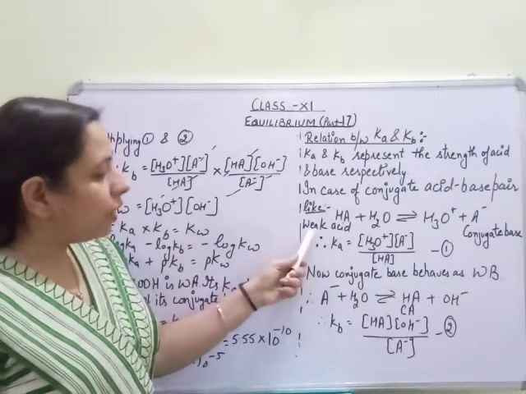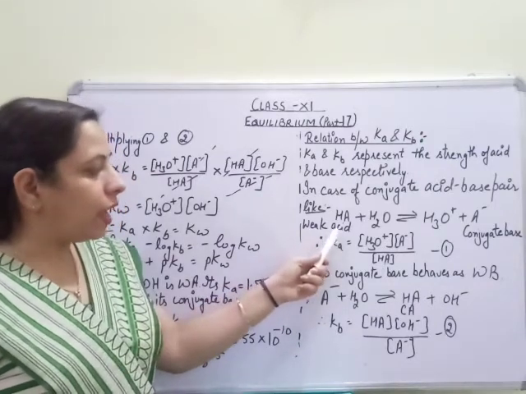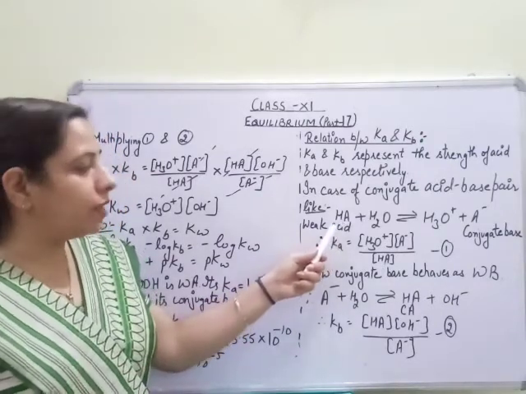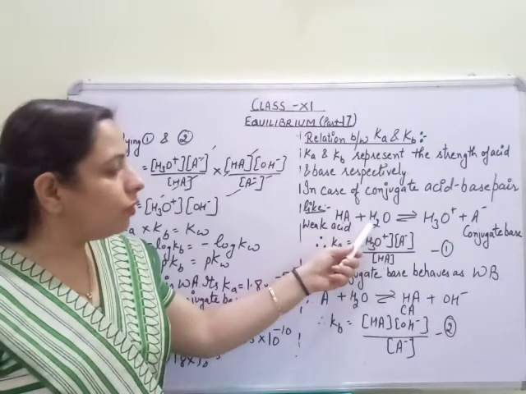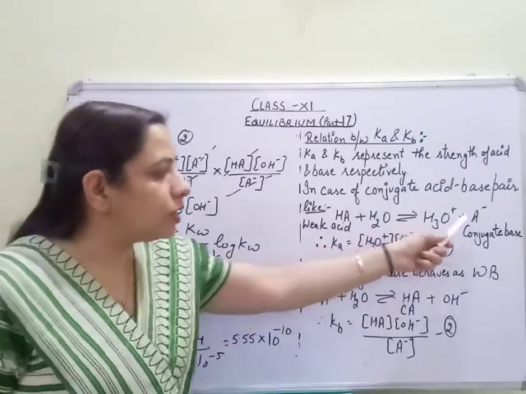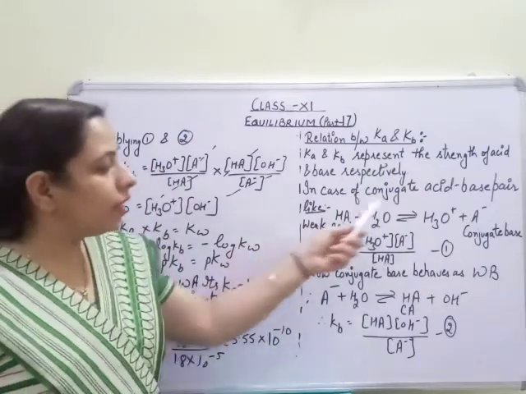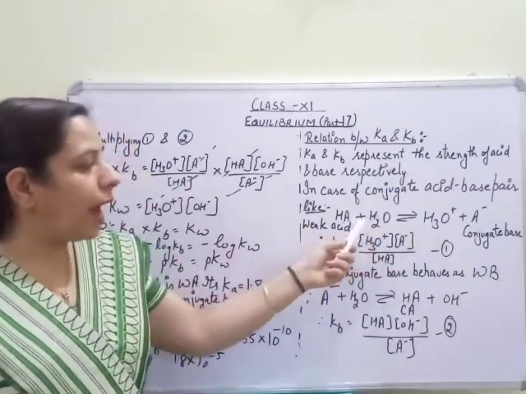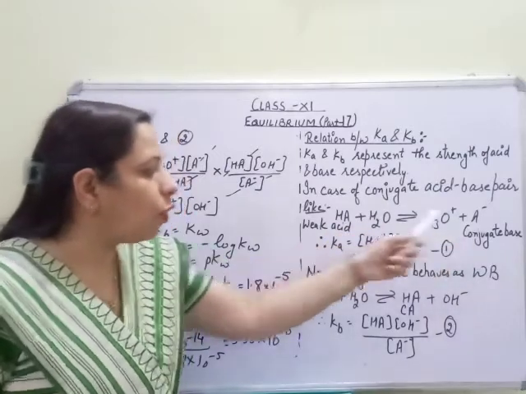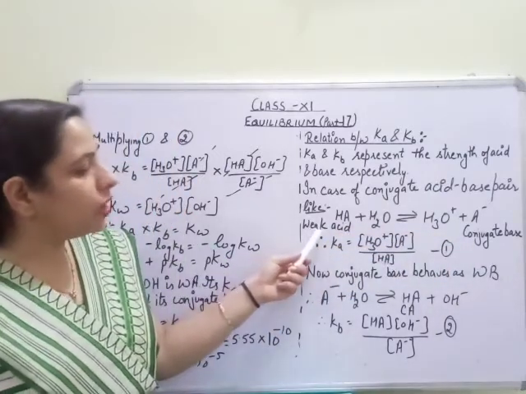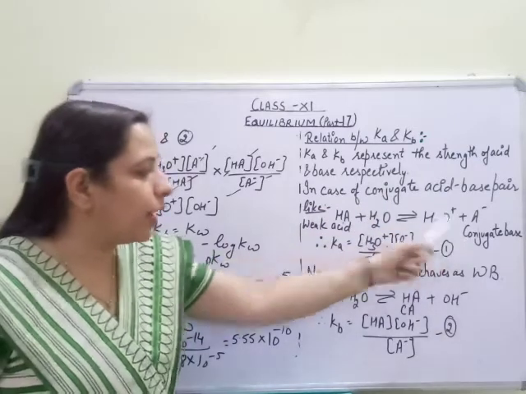Now we have taken a weak acid here. Say HA is any weak acid. On reacting with water, it gives rise to H3O positive and the corresponding anion. The anion which is formed because of this weak acid is termed as conjugate base.